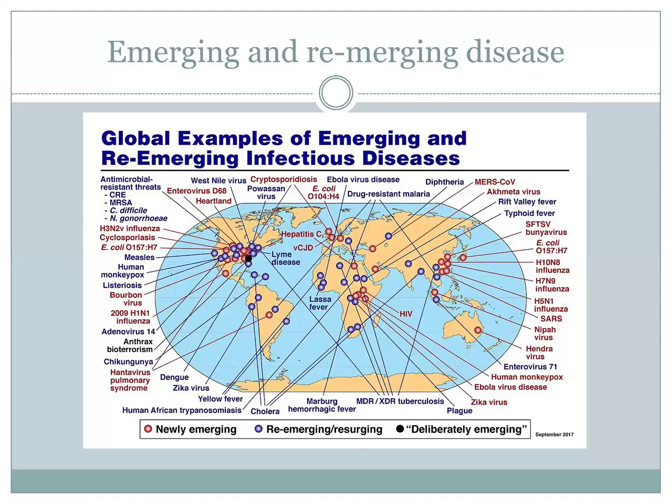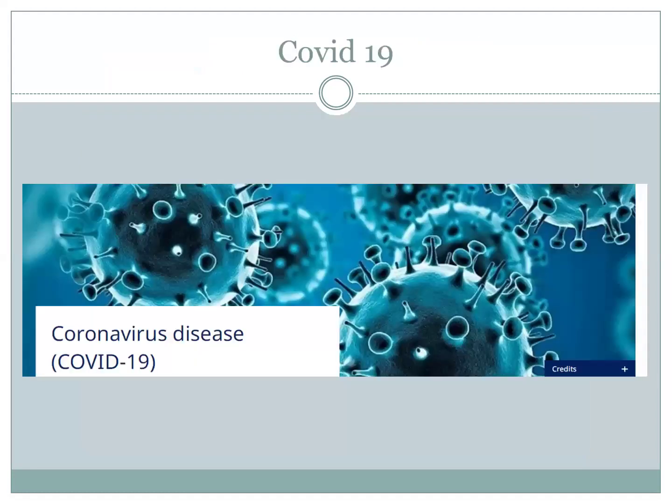So these diseases include West Nile virus, cryptosporidiosis, Ebola virus, diphtheria, drug-resistant malaria, typhoid, human monkeypox, Zika virus, dengue, H1N1 influenza. So these are all diseases that are very harmful, and they are categorized into emerging and re-emerging.